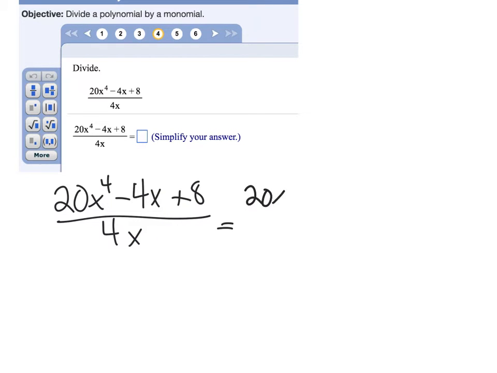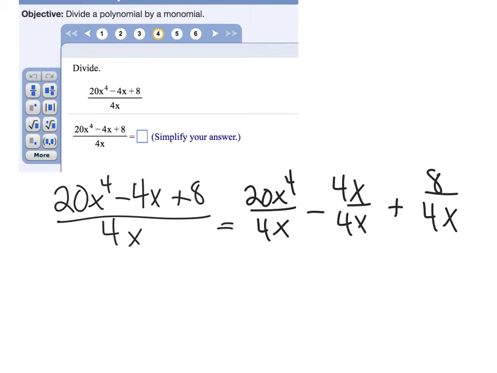So it becomes 20x to the fourth over 4x minus 4x over 4x, plus 8 over 4x. We took it and broke it up into 3 separate problems.